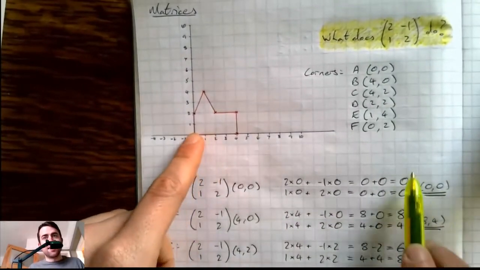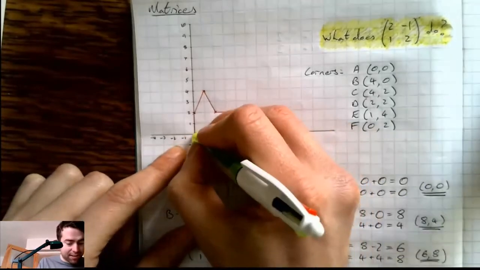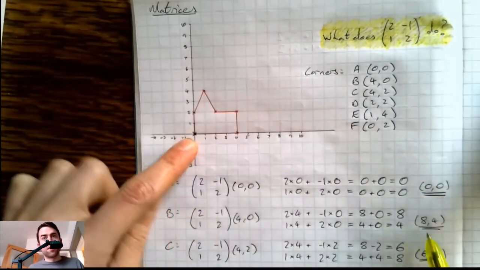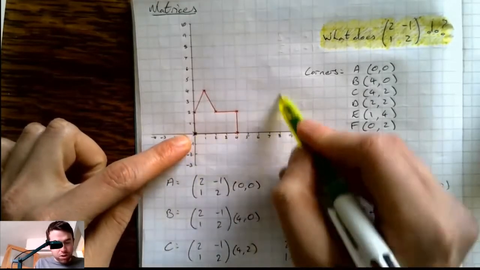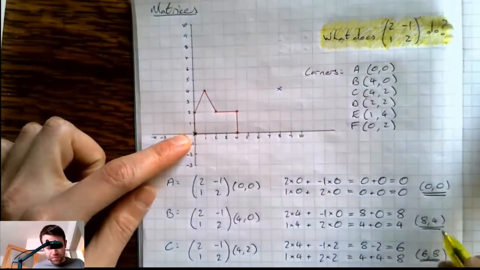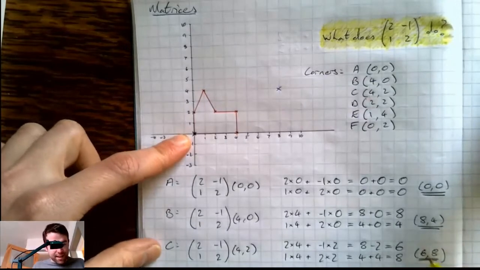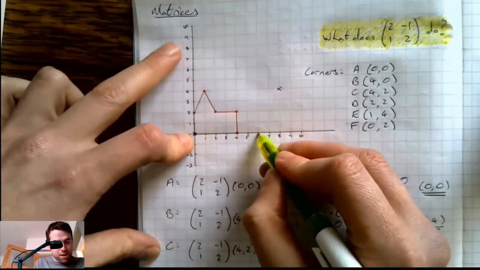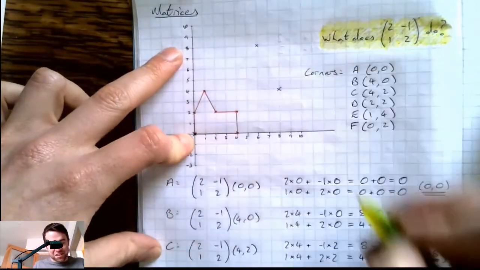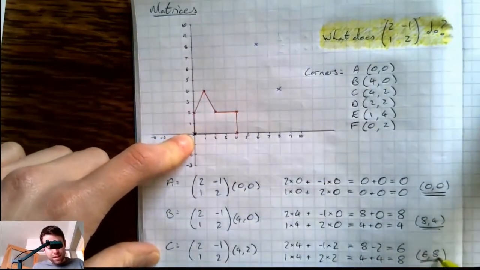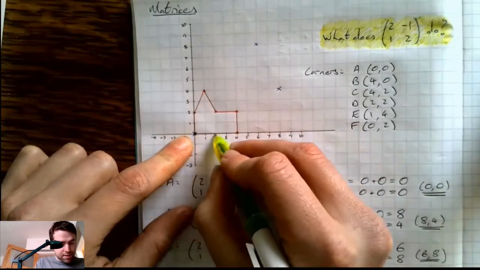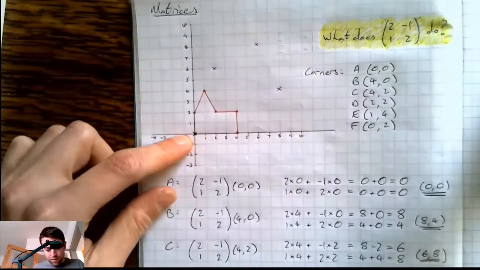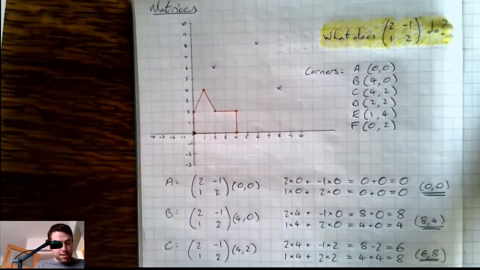So A has stayed in the same place. That'll be there. B, 8, 4. C is 6, 8. You can see why I left a lot of space around the first shape. 2, 6. -2, 9.